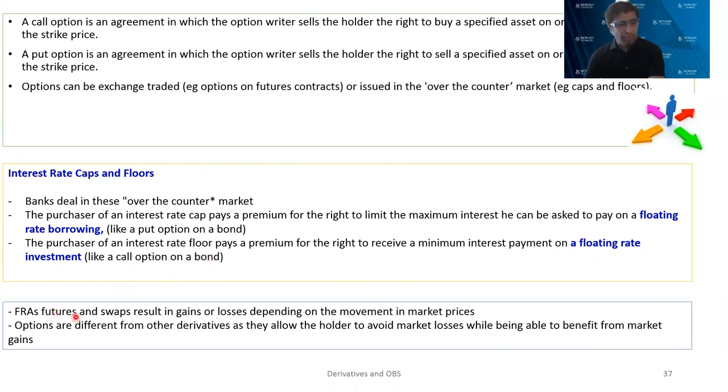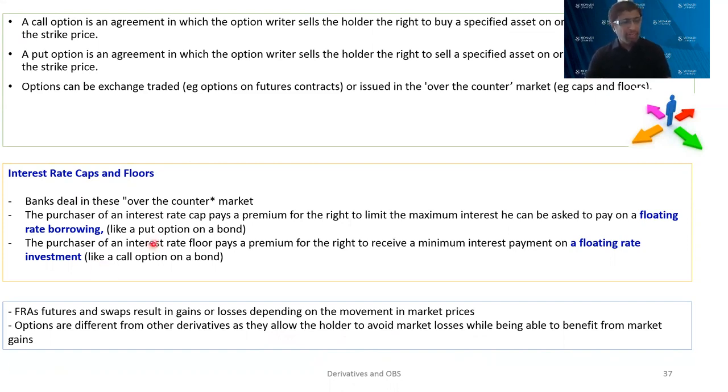So as you can see, the FRA, futures and swaps result in gains or losses depending on the movement of the market prices. For options, the situation is different, because unlike other derivatives, they allow the holder to avoid market losses while still being able to benefit from market gains. So if the price goes up and down, it doesn't matter here.